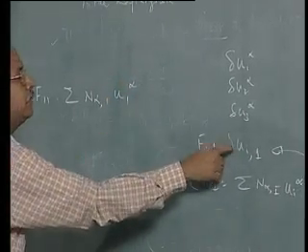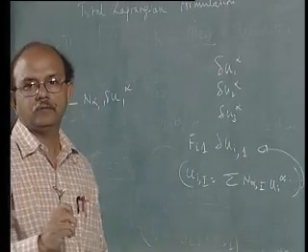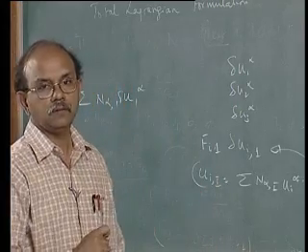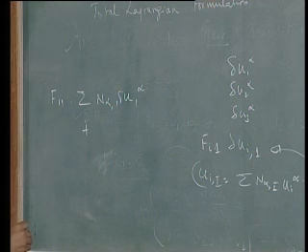Since this is delta here, I will get delta u1 alpha. Is this clear? Plus, what is it that I will get?